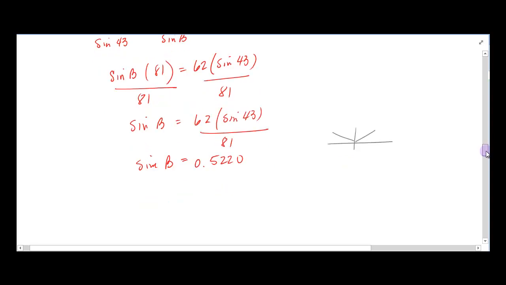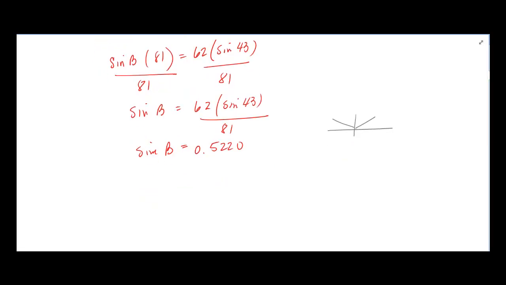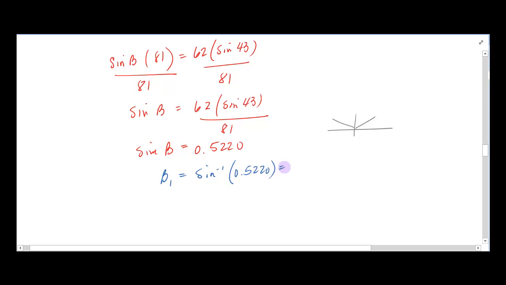So let's look at what's going to happen here. On my calculator, I'm going to take the inverse sine of 0.5220 for the first angle, and when I do, I get something that's around 31 degrees.